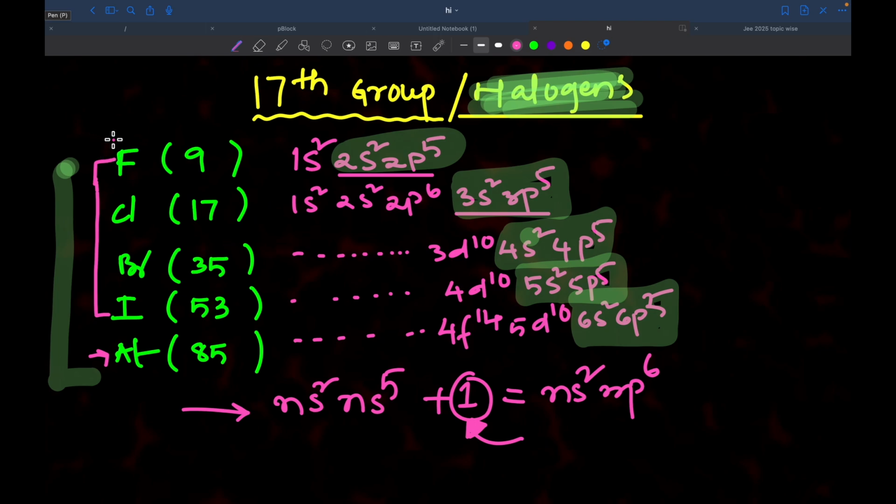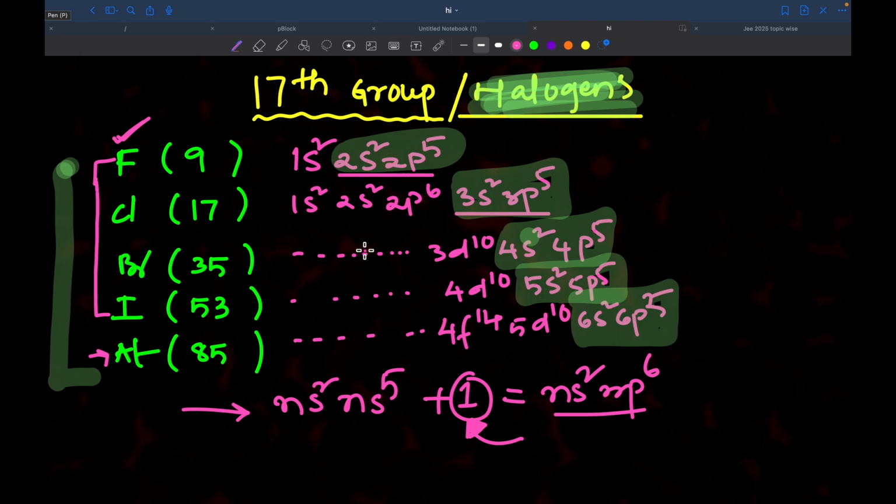Fluorine is the supremely reactive element of all the elements in the periodic table. The reason behind it is the ns2 np5 configuration. That's why by hook or crook they try to grab this electron to get the octet configuration. So these are the 17th group elements.